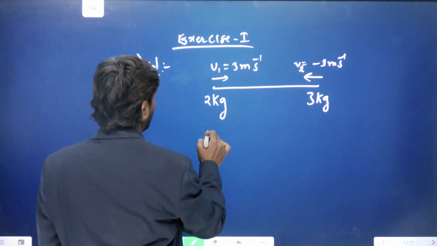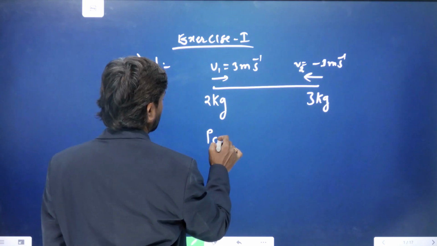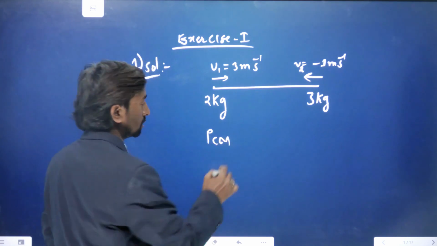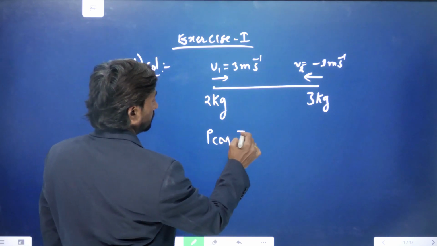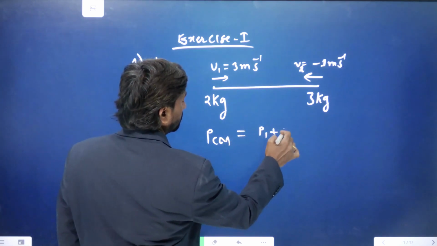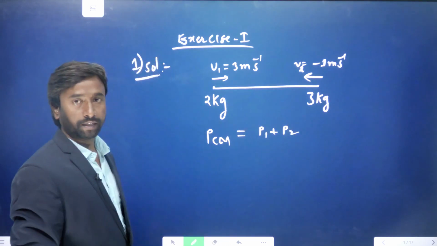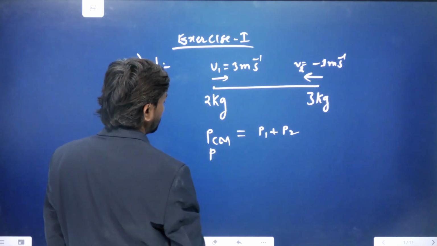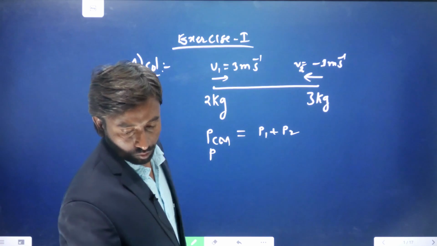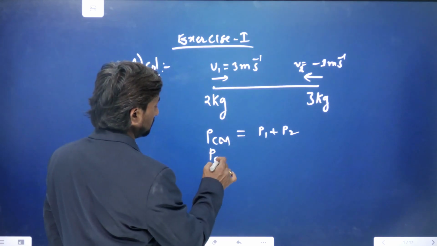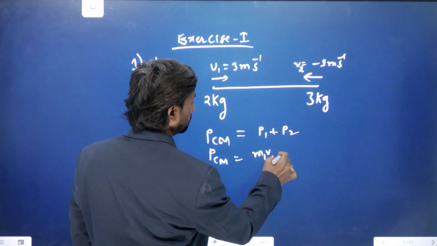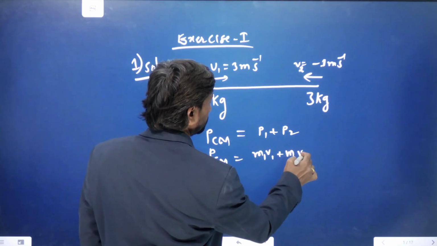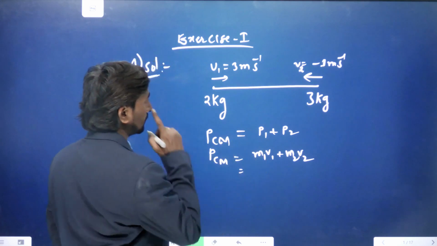So we know that the momentum of center of mass is P1 plus P2. Then the momentum of center of mass PCM can be written as M1 V1 plus M2 V2. What is M1 here?